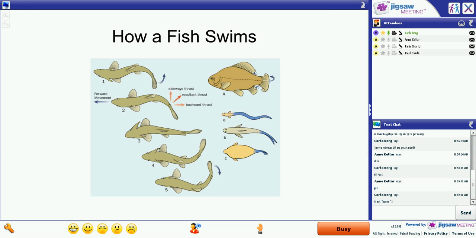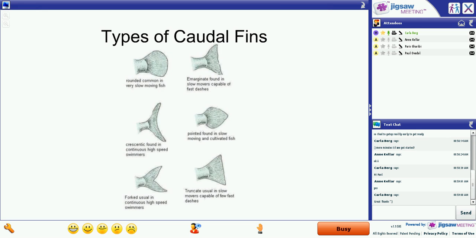Type B fish would be more like a bluefish or a striped bass. Only the bottom, maybe quarter or third of its body is involved in the movement. And type C would be maybe a puffer fish, where really only the last little bit of that fish is involved in the movement to make it swim.